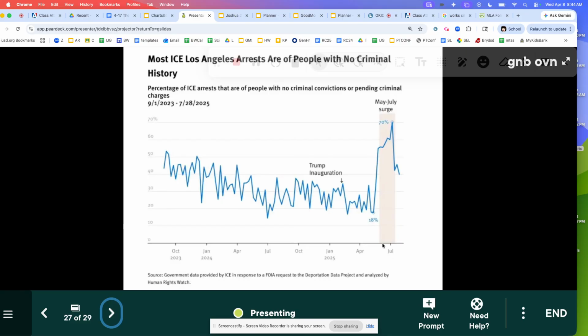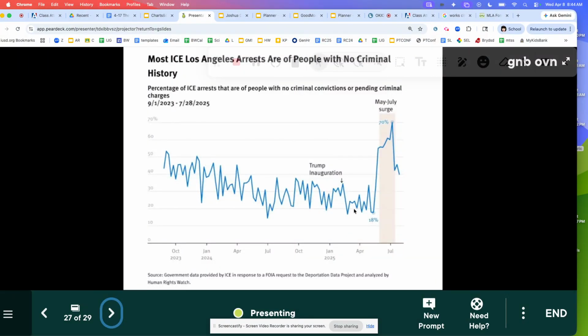You might have to scroll in a little bit. This is the percentage of people with no criminal history. This one's kind of important here too. So what do you notice here? This is Trump's inauguration, meaning when he became president. So this is after January 2025. Trump became our president.